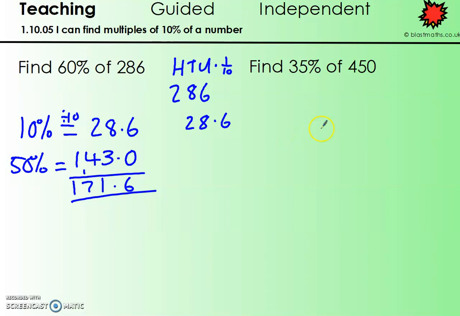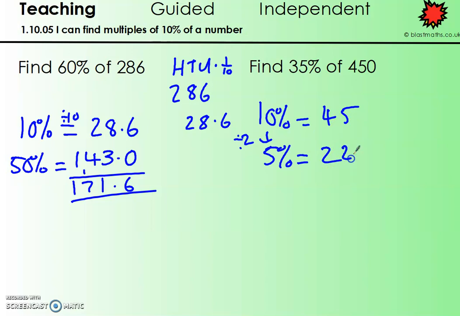And then we've got the last one, a slight variance on the 10%, but I just thought it'd be good to start with this. So 10% is going to be 45. 5% then is exactly half of 10%, so I'm going to halve my value in here, so half of 40 is 20, half of 5 is 2.5, so I get 22.5.